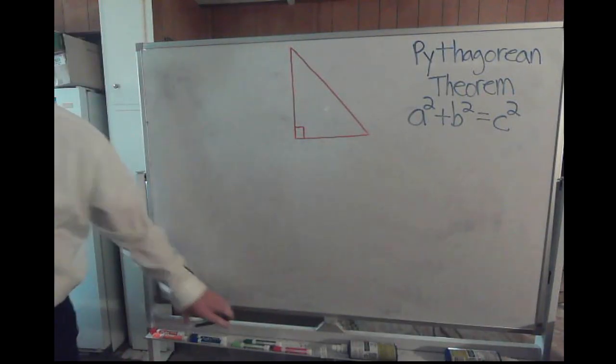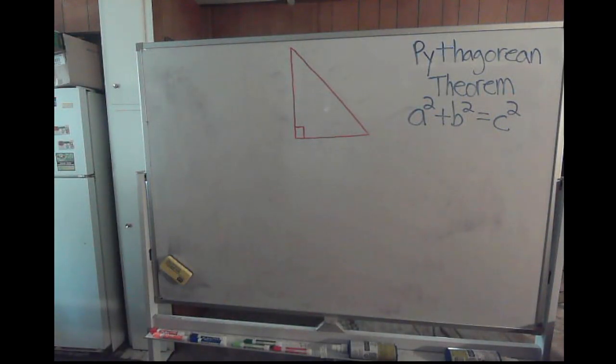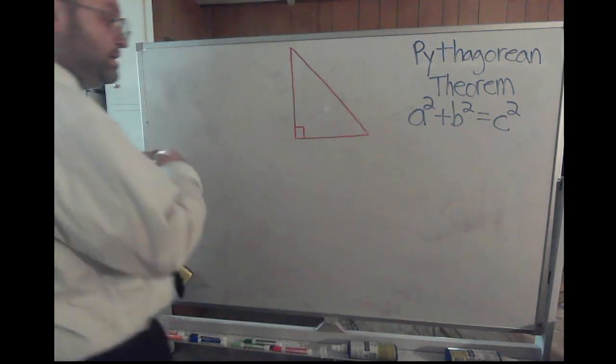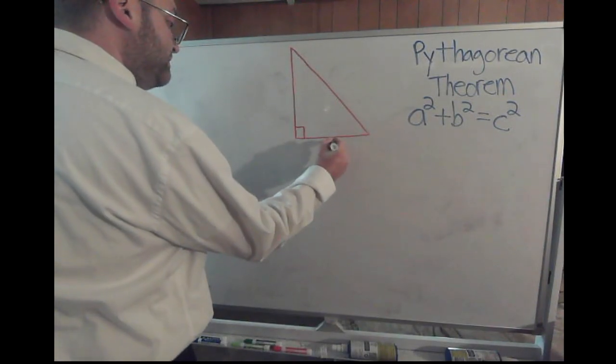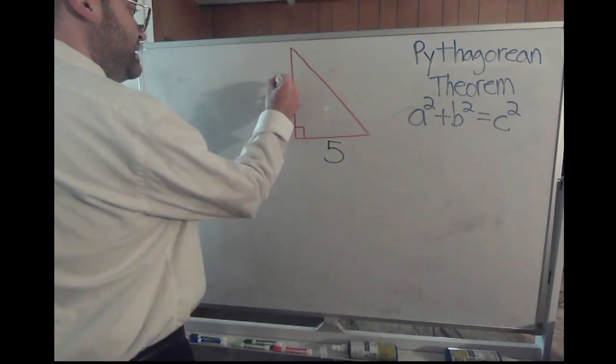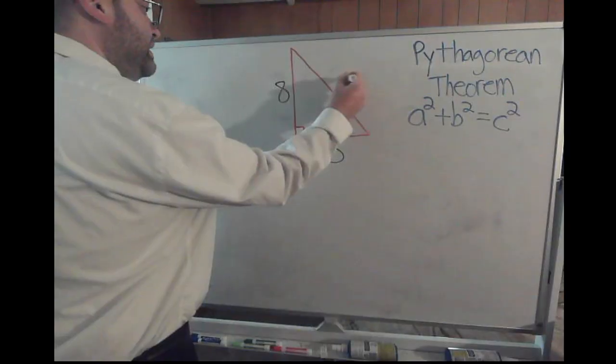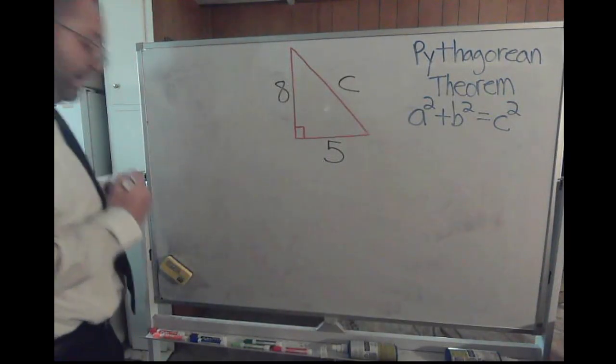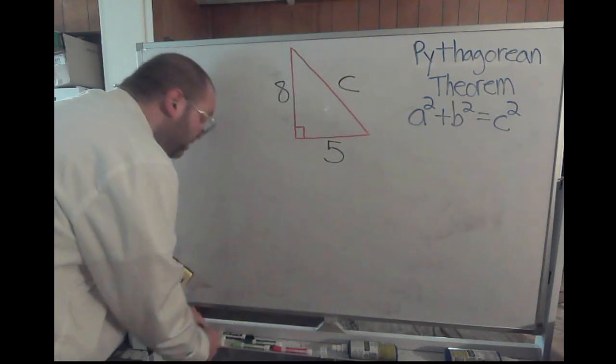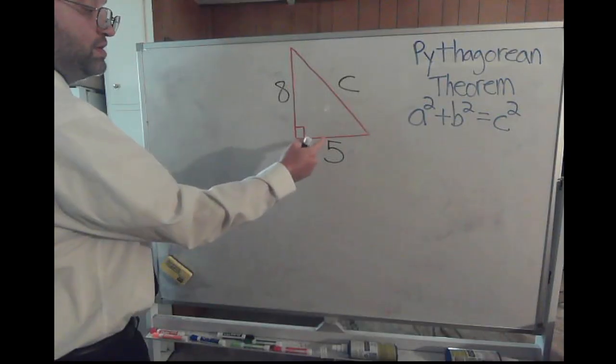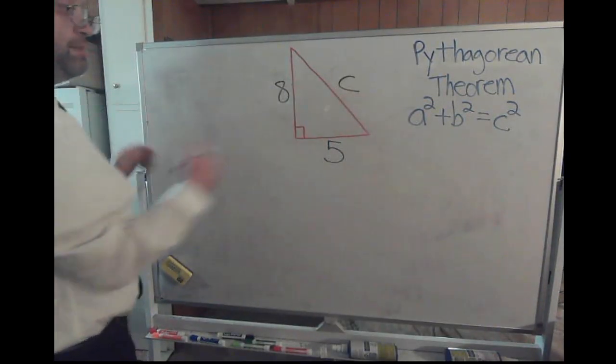All right, next problem. Let's see, we have 5, 8, and then C. All right, so we have a triangle with a length 5, 8, and then the hypotenuse.